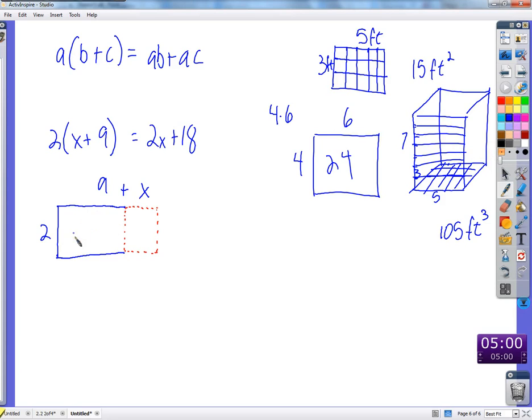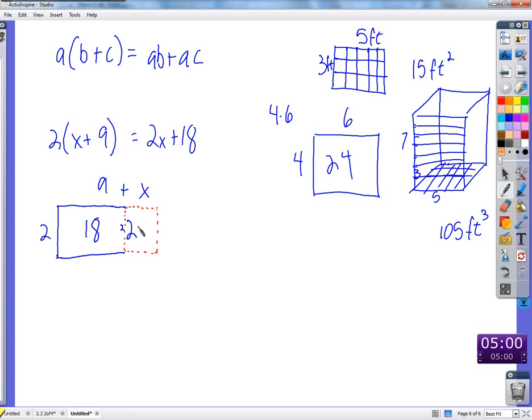What's the size of this rectangle? 18. 2 times 9 is 18. How long is this side right here? It's 2, right? It's a rectangle, so if we measure from bottom to top, we should always get 2. So this side's also 2.